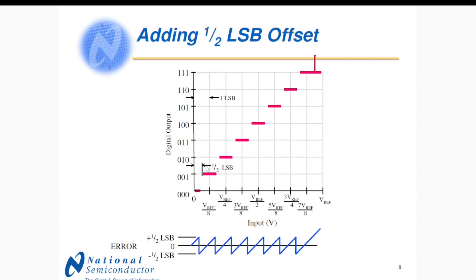So that's what it is, half LSB, because we are talking about the least significant bit. This is one of the techniques used to reduce the quantization error at the output. There are several other techniques, but this is the least of what we are going to discuss in this particular session.